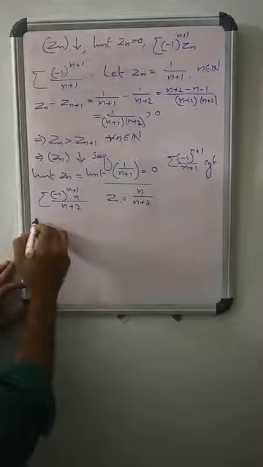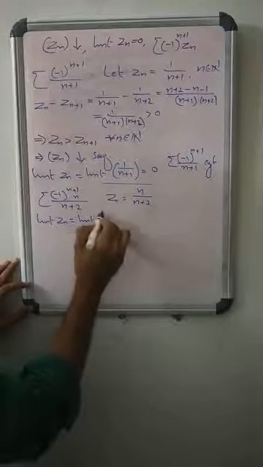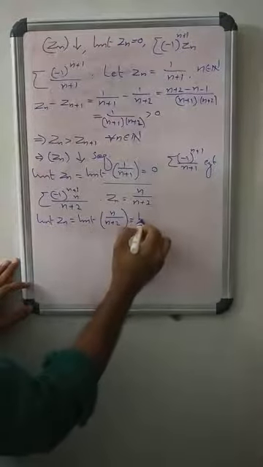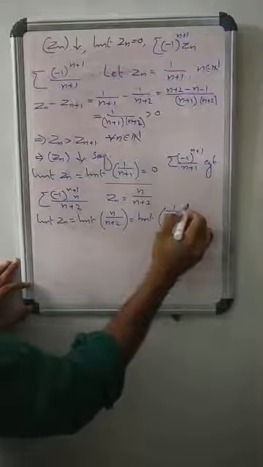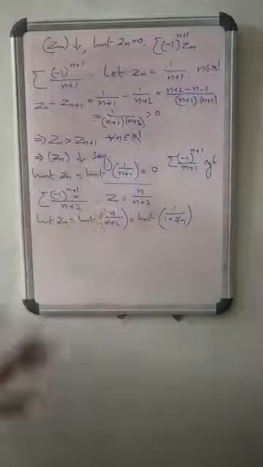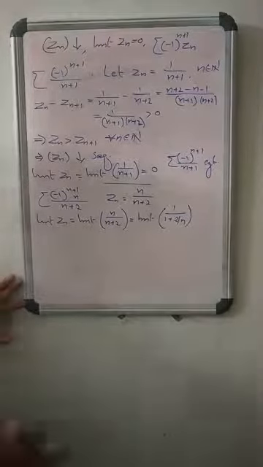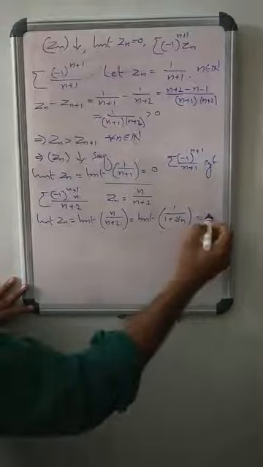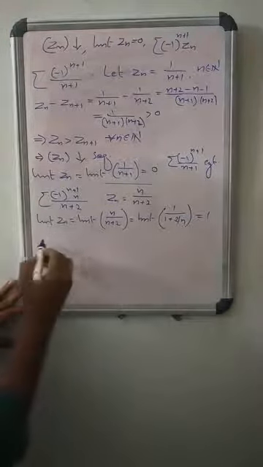So what is limit Zn? Limit n by n plus 2 is limit 1 by 1 plus 2 by n, taking n common in numerator and denominator and cancelling n. So its limit is 1. So limit Zn equals 1.